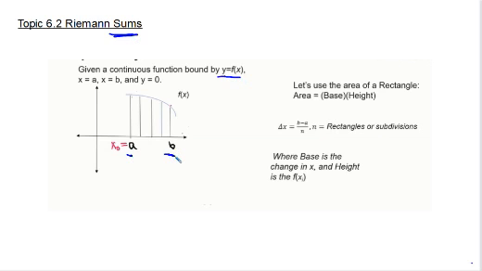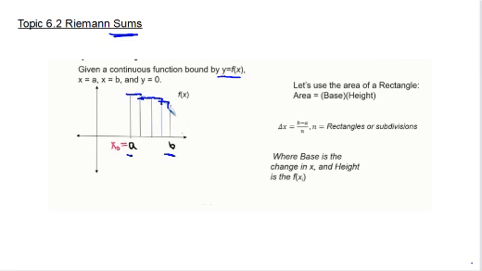What we did in topic 6.1 was we just kind of found areas under the curve a little bit the best we could. But we can be more exact if we start dividing these things up into rectangles. So for example, I square this off, and on this next one, I square it off, and so on, and I make these each an individual rectangle, all right?